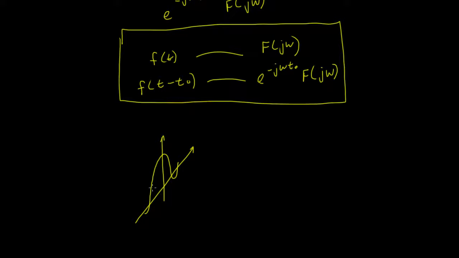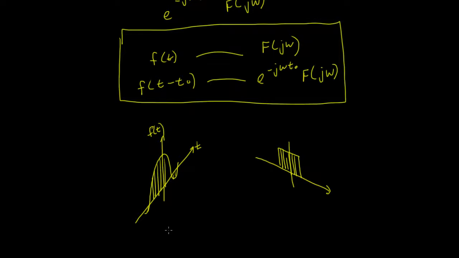I'll just draw the little lines in representing that. That's a function of t, that's f(t). Now when we find the Fourier transform of that, we'll end up with something that looks like a square wave.